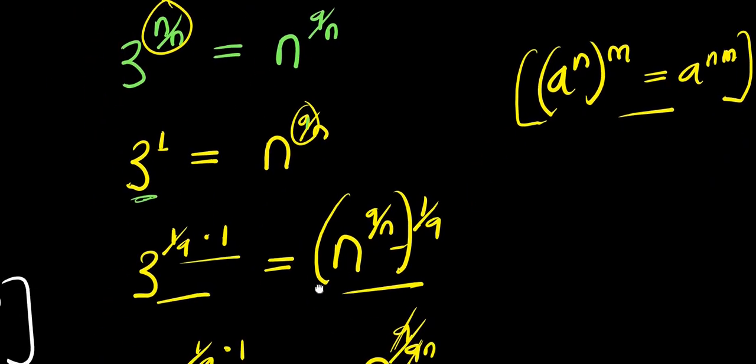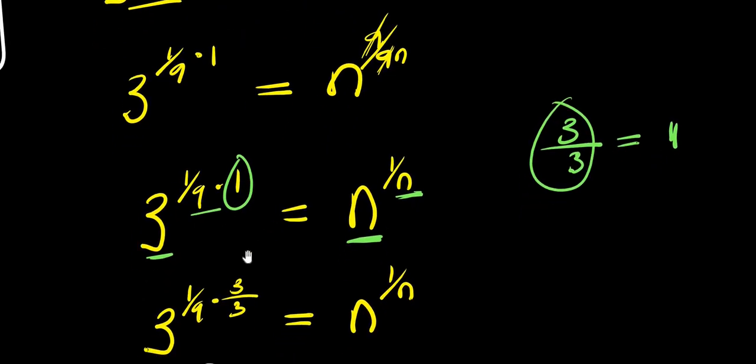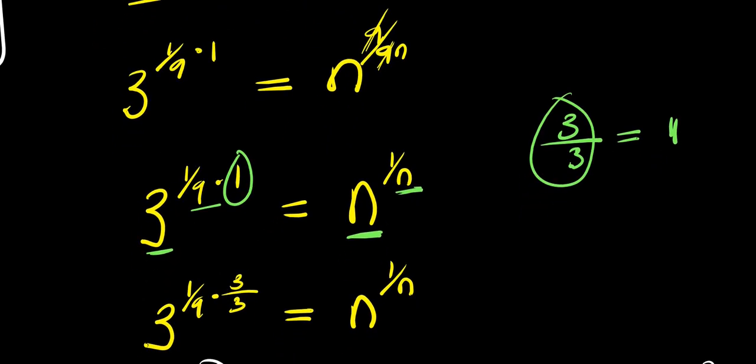And after doing that, we are simply going to have this. So you are also going to realize that the variable here and the variable here are the same, but the number here and the number here are different. So you need to make them the same.